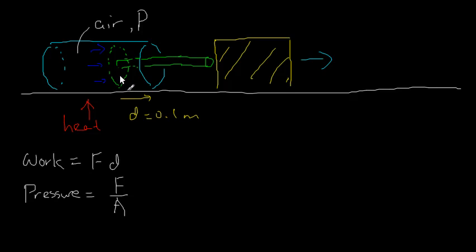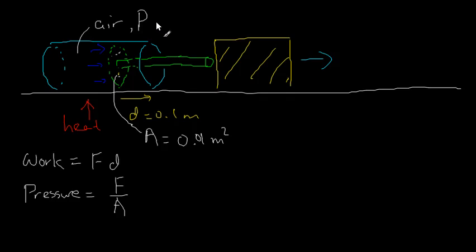In this case, it would be the area of the piston. Let's say that area is 0.01 meters squared.